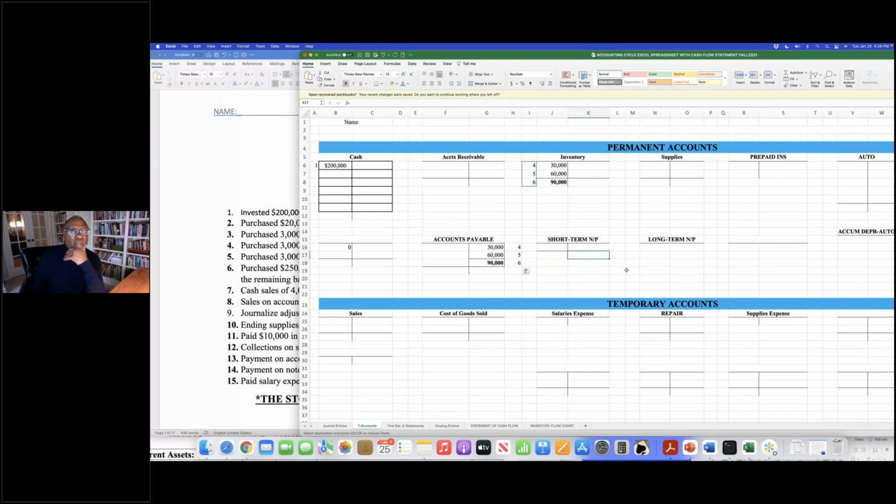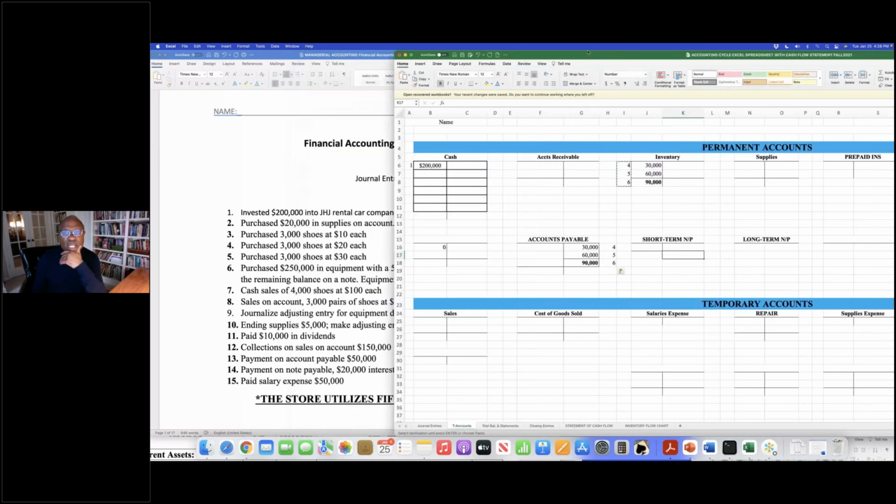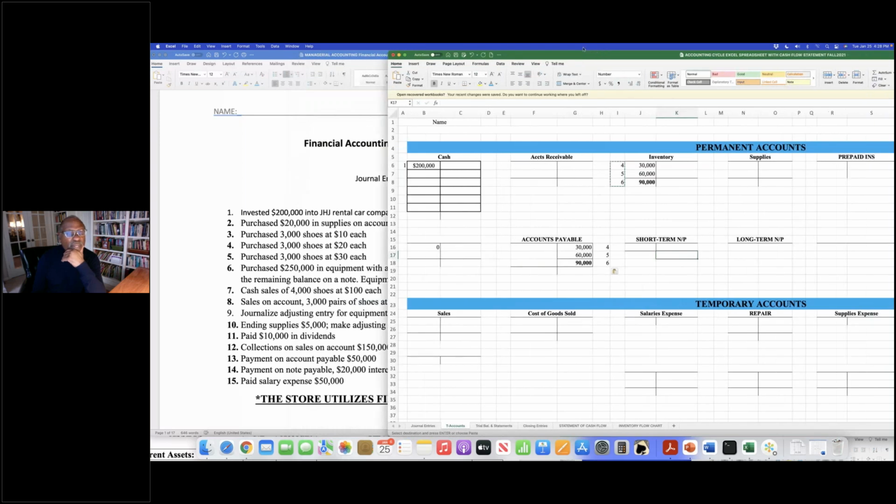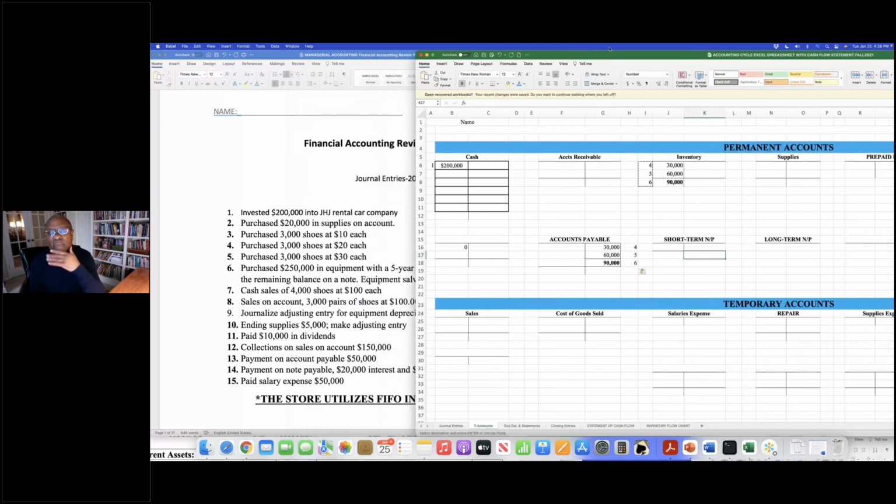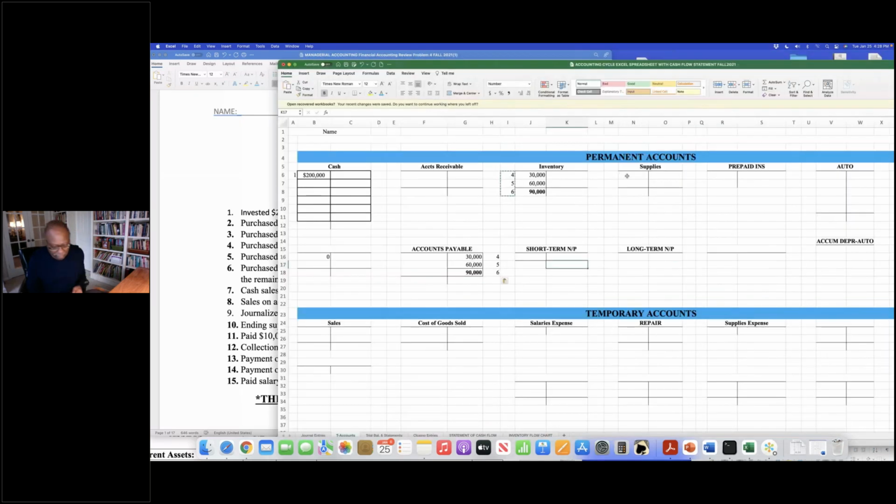And other than what we purchased, the 20,000 in supplies on account. Did we ever post that one? I guess we didn't. So this is 2.